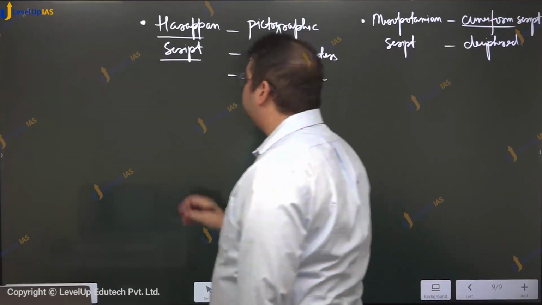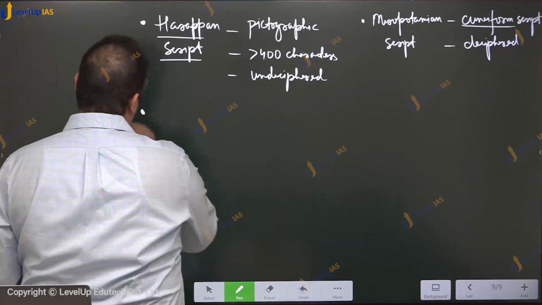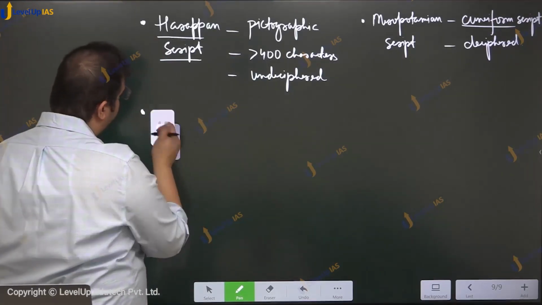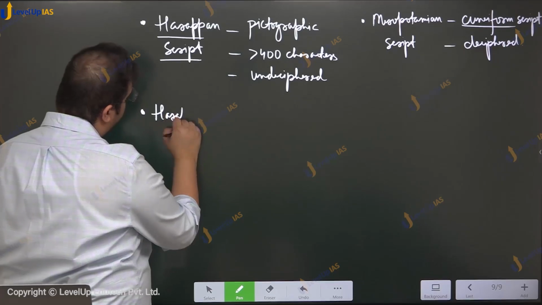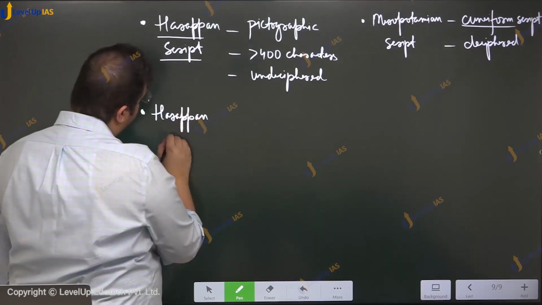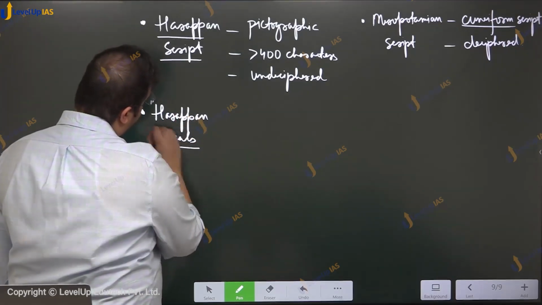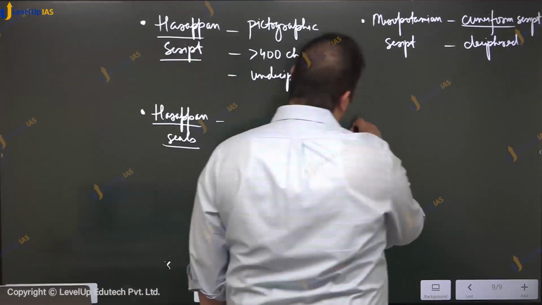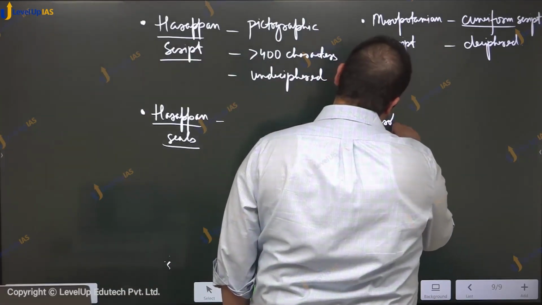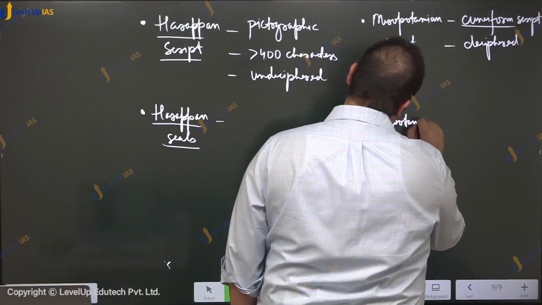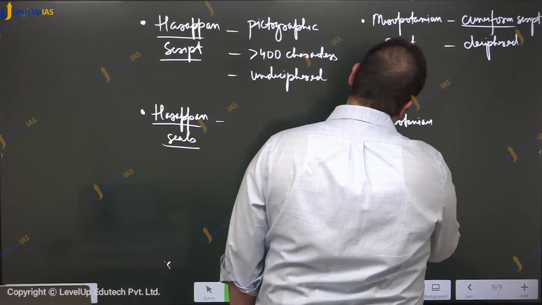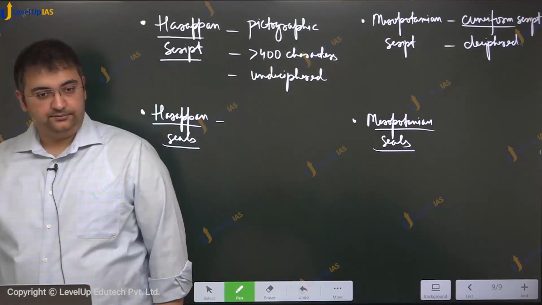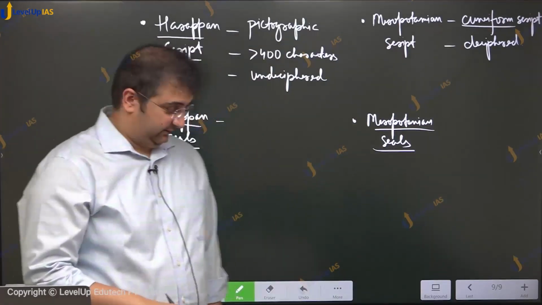And we also find that seals, while they were used by both the Harappans as well as the Mesopotamians, were they the same or different? Different थे.